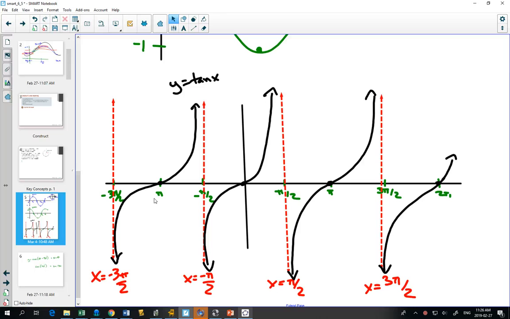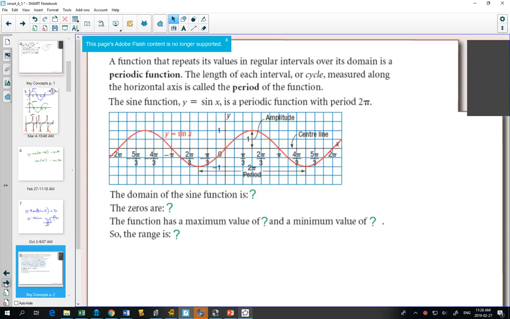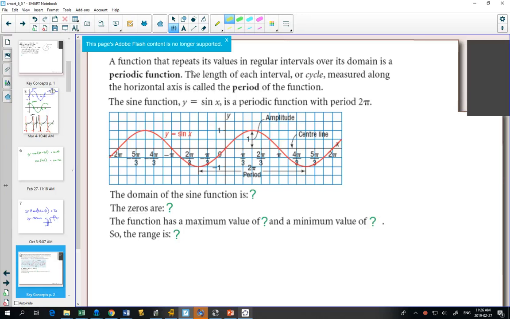Okay, so let us look at some properties of these. We can take out our highlighter. A function that repeats itself over regular intervals is called a periodic function.